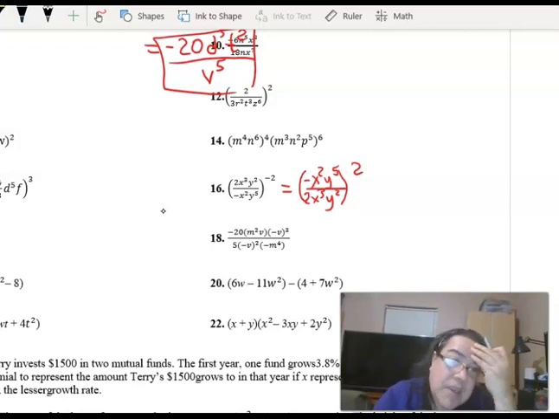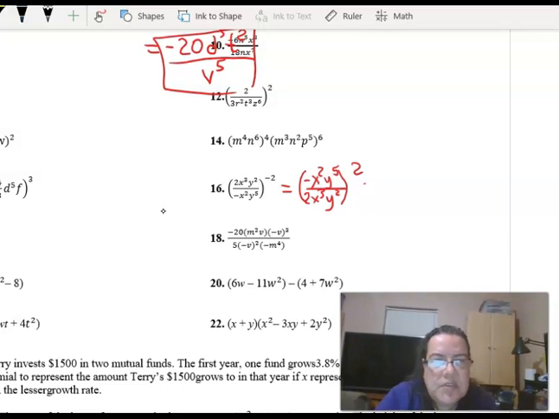And so now we could actually distribute that square to both the top and the bottom pieces. So let's not forget, it has to go to this, and then to this one, and to this, and don't forget to the 2 also. All right, so we have negative x to the 4th power, y to the 10th power. Why?